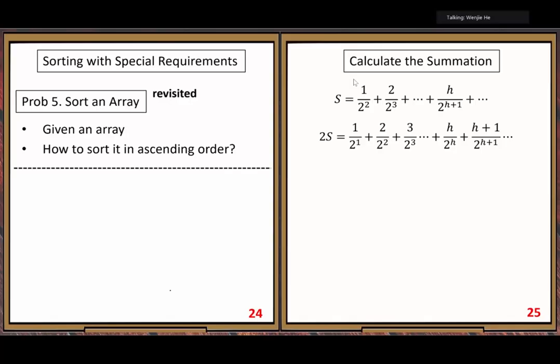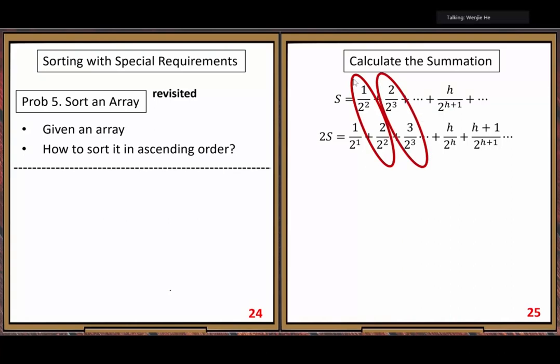Same structure. But you can see the numerator. So the difference is at the numerator. You compare 2 corresponding terms with the same denominator. You compare their numerator part. You can see 1 and 2, the difference is 1.